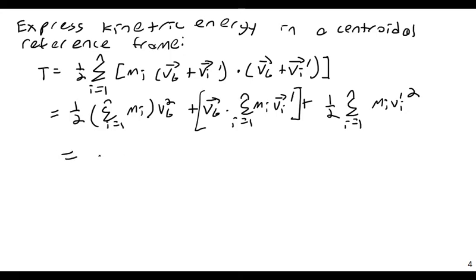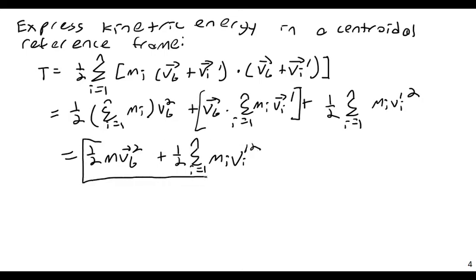And finally, this will reduce down to 1/2 m Vg squared. So now we're actually getting something useful. This is the final form: 1/2 m Vg squared plus 1/2 times the summation from i equals 1 to n of mi Vi prime squared, non-vector, scalar only.